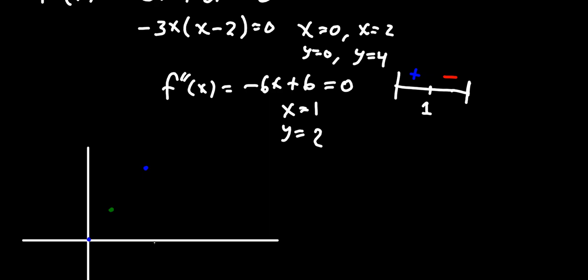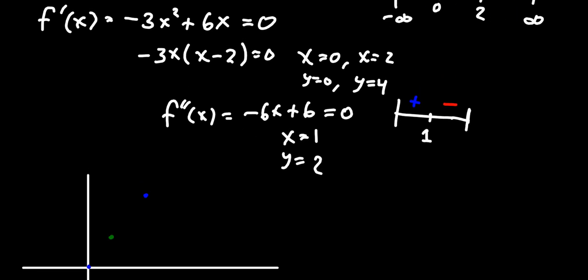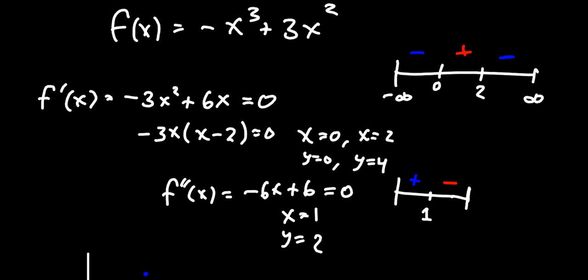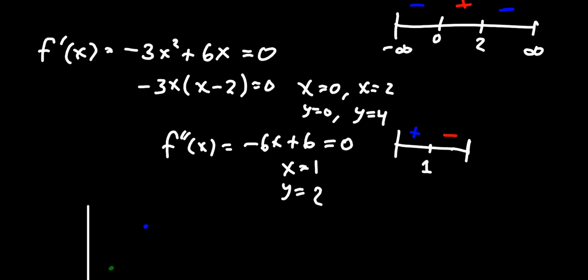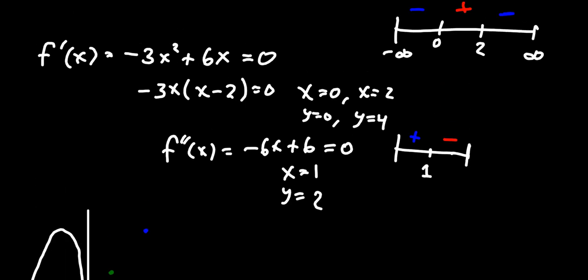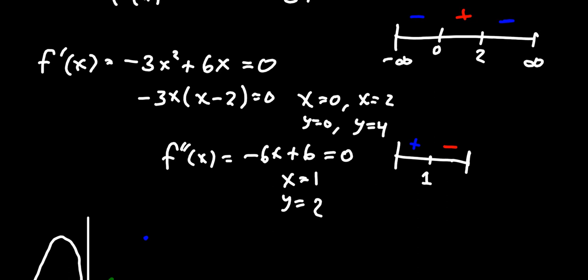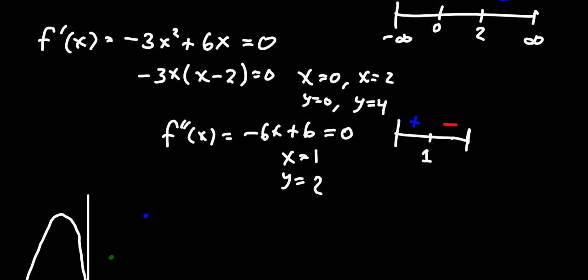Now all we have to do is simply graph this function by following the rules that we found. So our concavity goes down. It starts down, and then when it hits, hold on a moment.